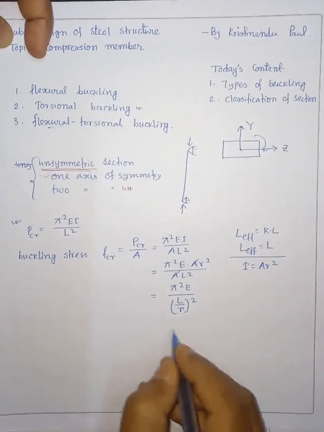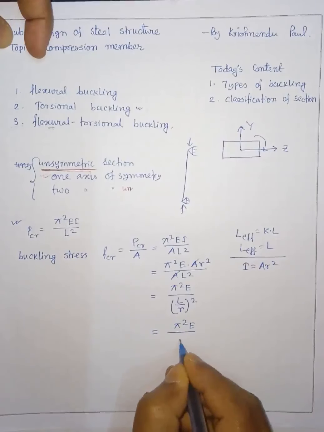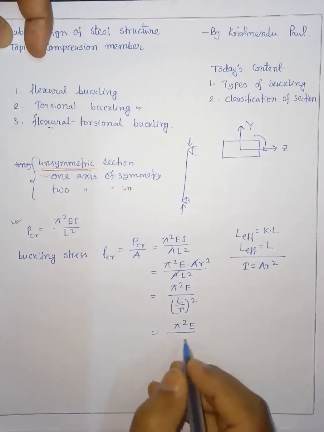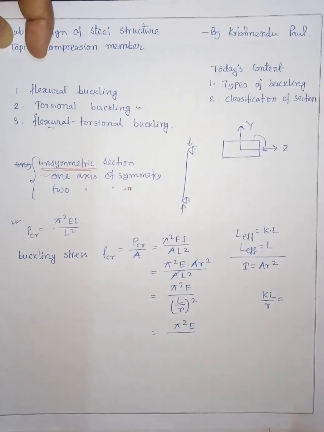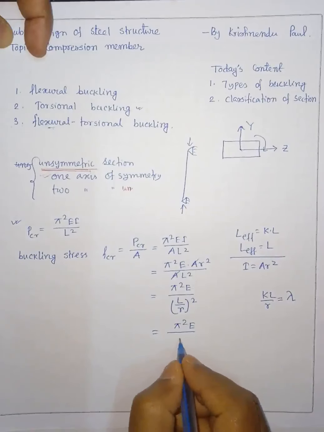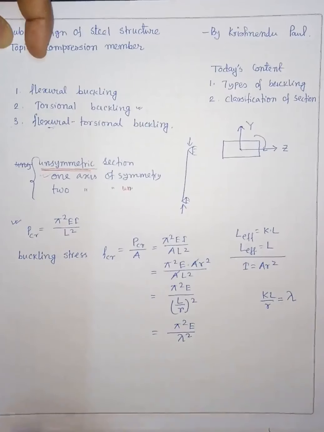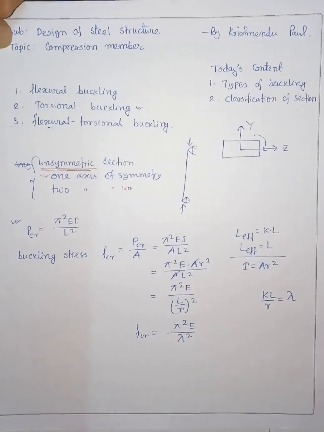This L by R, that is KL by R, is the slenderness ratio, represented by lambda. So it is nothing but lambda square. So FCR is equal to pi square E by lambda square.